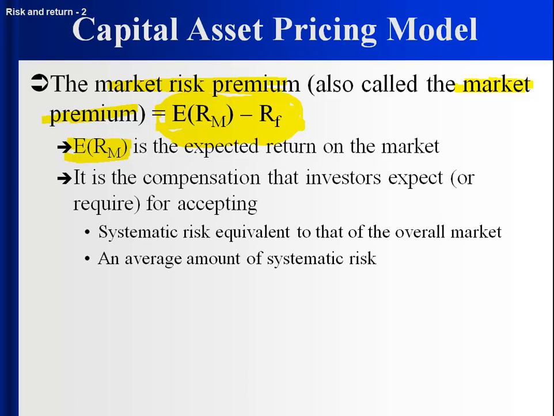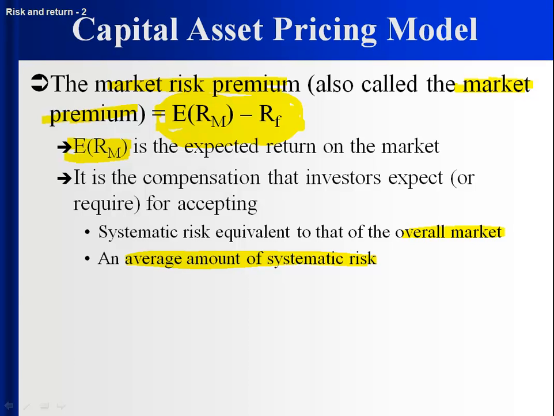That's really important because it is the compensation that you get for holding the market, for holding everything. If you hold everything, the overall market, then your portfolio has an average amount of systematic risk, because everything by definition in the aggregate is average, because average is a way of trying to reflect everything.